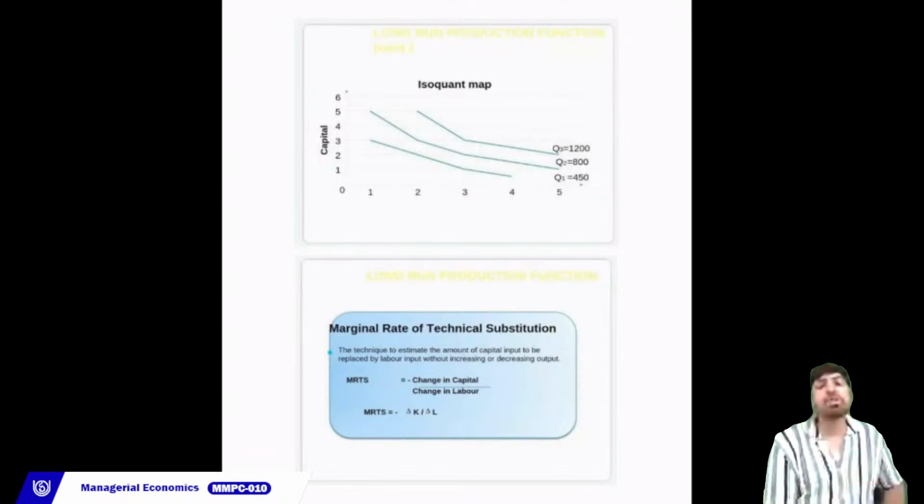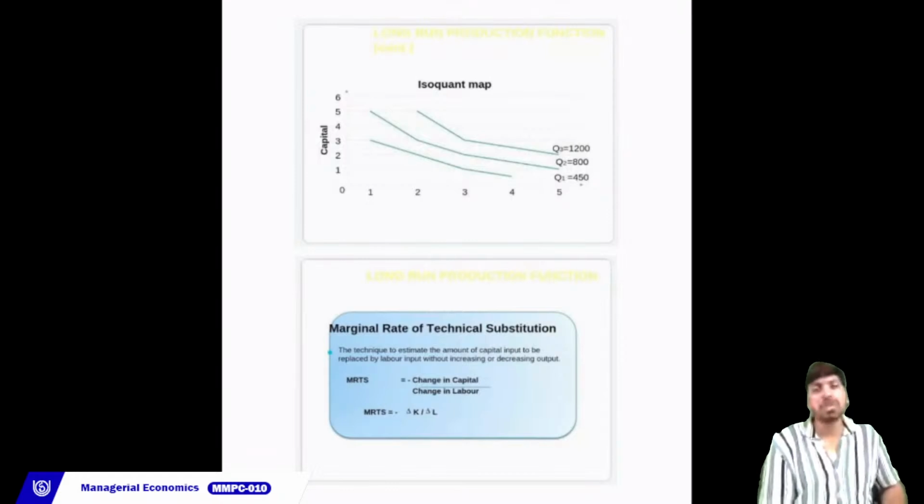Q1, that is 450 units, is the lowest isoquant curve, the lowest quantity utilized to yield 450 output. Q2 is a higher isoquant that yields 800 units of output, and Q3, the highest isoquant, yields 1200 units of output.